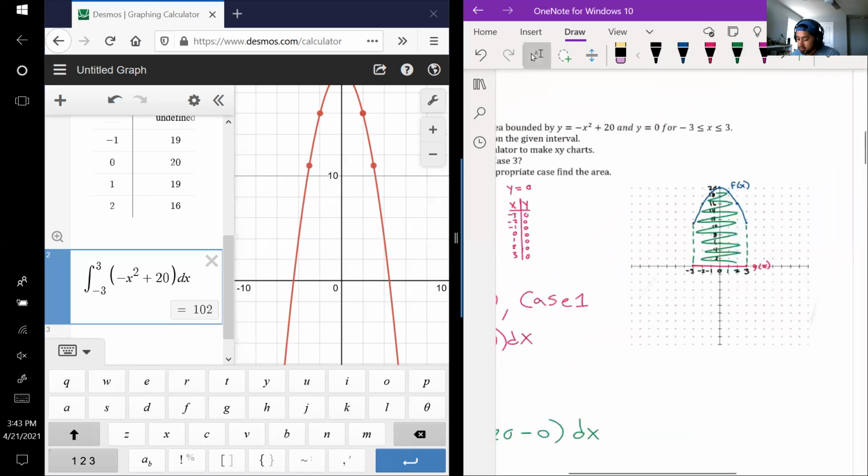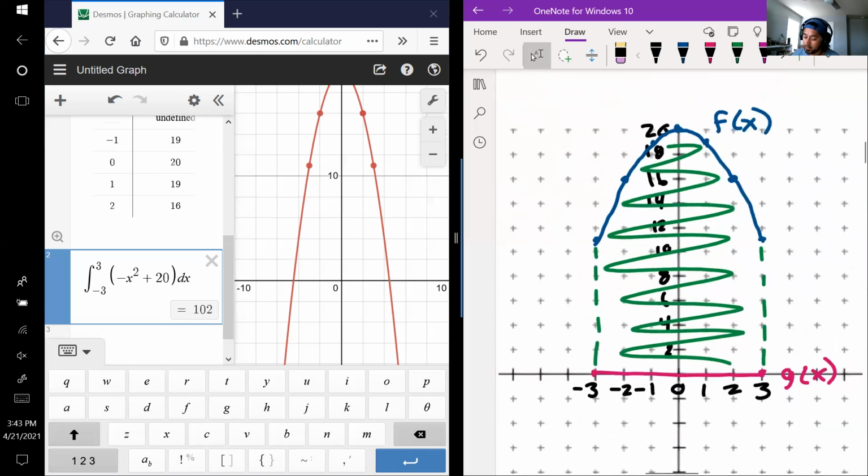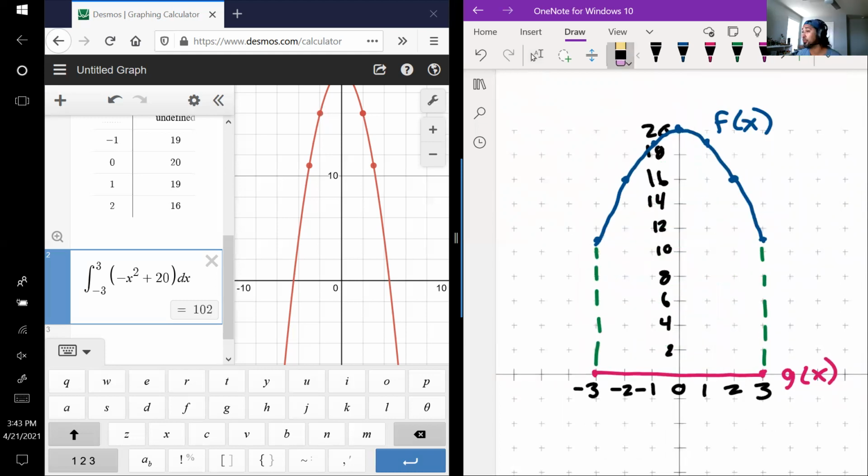All right. And if you wanted to go a little more in depth, this is actually pretty cool. So if I got rid of the squiggles here, what you're actually finding is the area of a finite amount of rectangles underneath or in between both functions. So watch this. Here would be considered, let's say, one rectangle. Here's another rectangle.